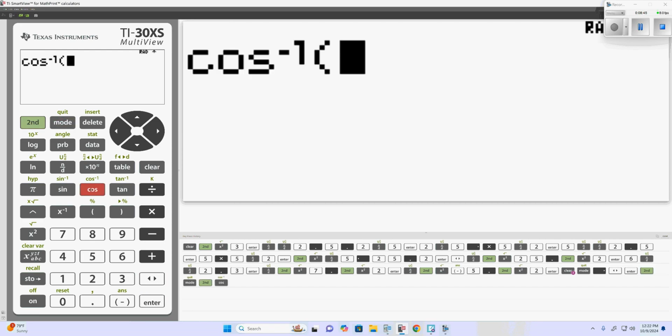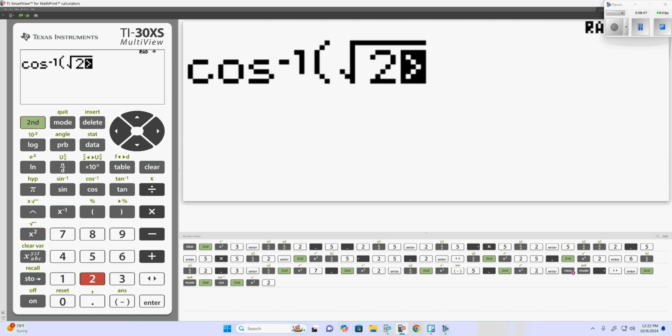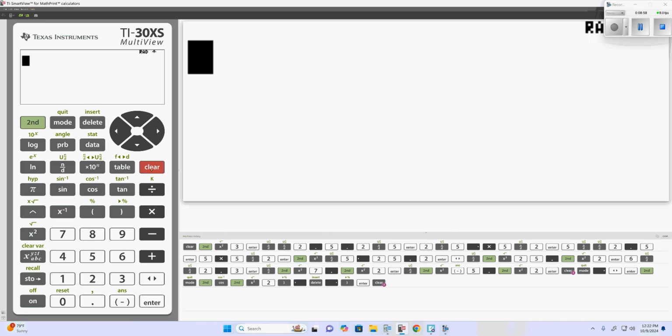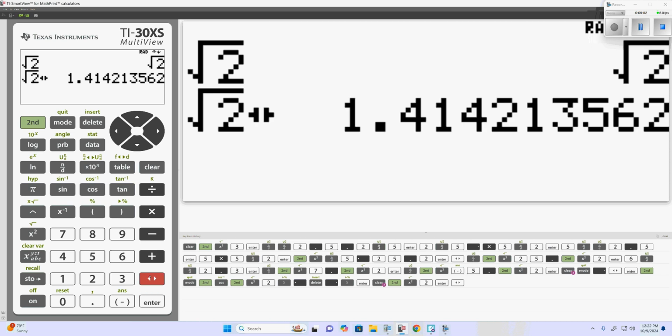So cosine inverse of the square root of 2 there is domain error. Let's see why. Approximately the square root of 2 is 1.41421 going on.